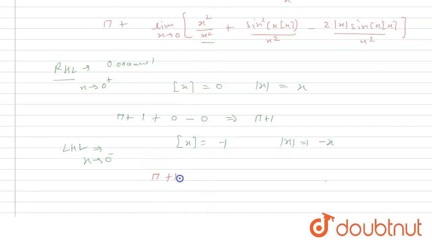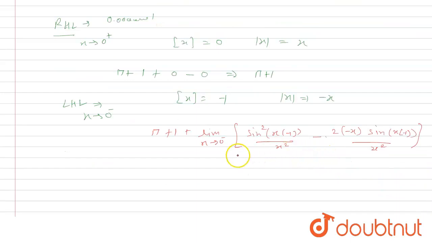This is constant, so this will be pi plus 1, plus limit x tends to 0 minus of sin^2 x times the greatest integer of x, which is minus 1, upon x^2, minus 2 times |x|, which is minus x, times sin x, times the greatest integer of x, which is minus 1, upon x^2.